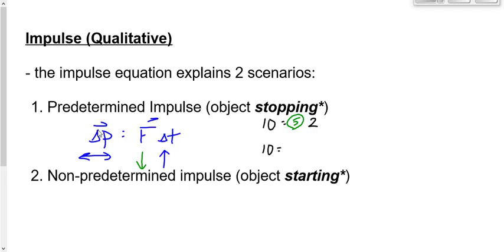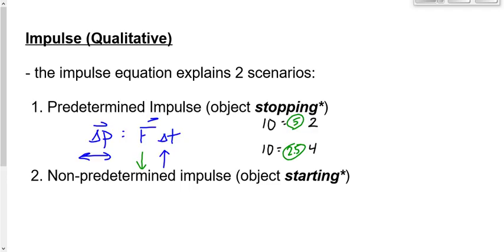No matter how it stops, it's going to be 10 for this particular object. But I increase the time now to 4 seconds. What's the force going to be now? 2.5. So what I've done is increase the time, and the effect of that is to decrease the force.